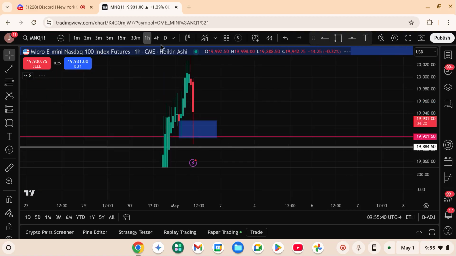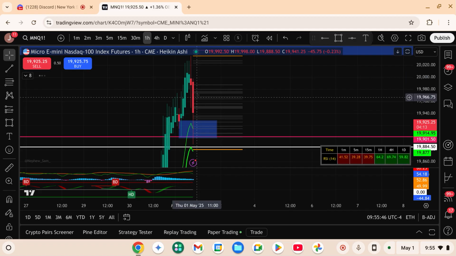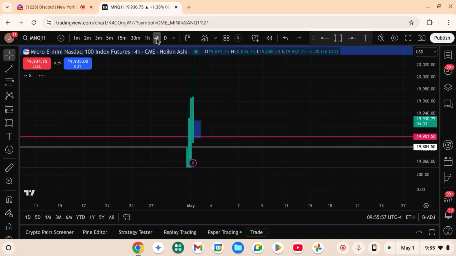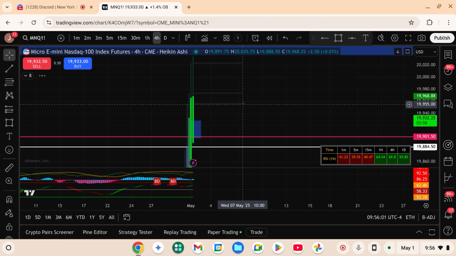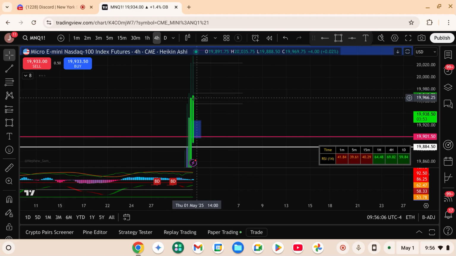So the 1 hour kind of looks bearish. The 1 hour looks bearish, and then the 4 hour looks bullish.